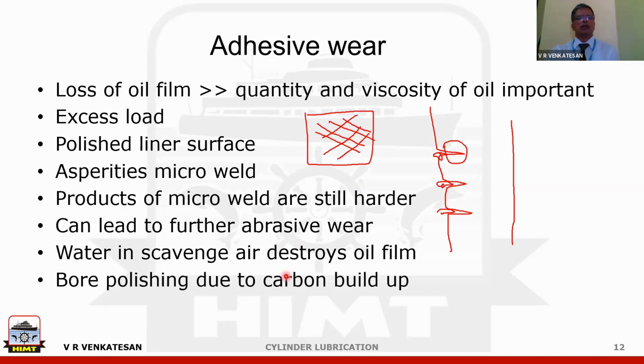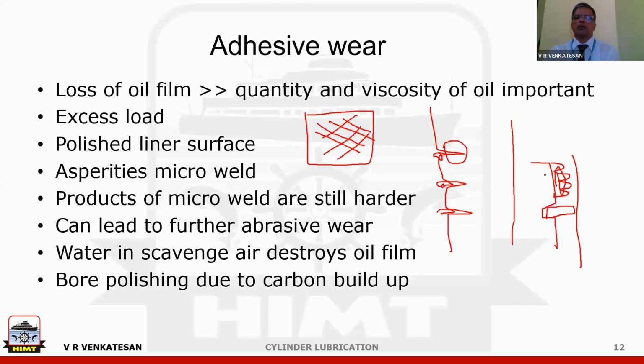If carbon builds up on this part, which is called the... this is the piston, this is the first piston ring, and this is the liner. Then in this portion, carbon can build up.